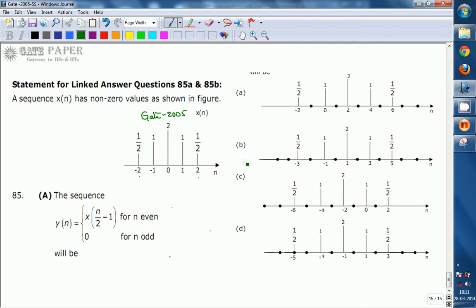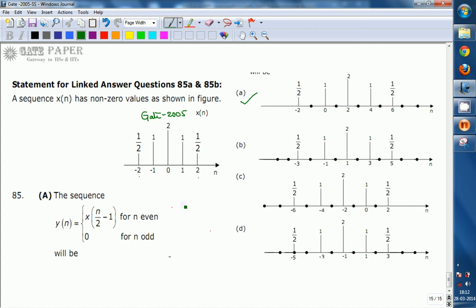That we need to find here. So by finding that, we will get the answer for y of n as option A. Then we will see how we will get that one.